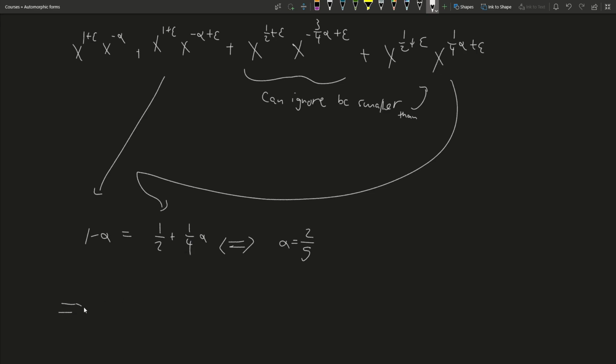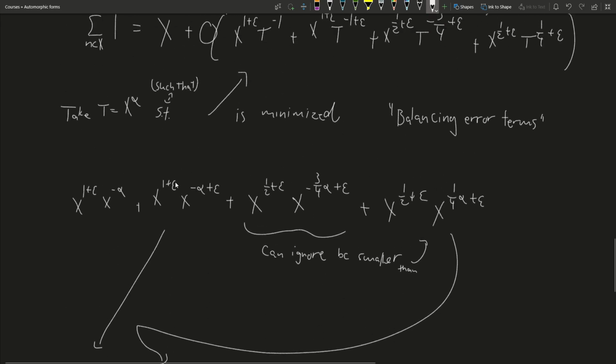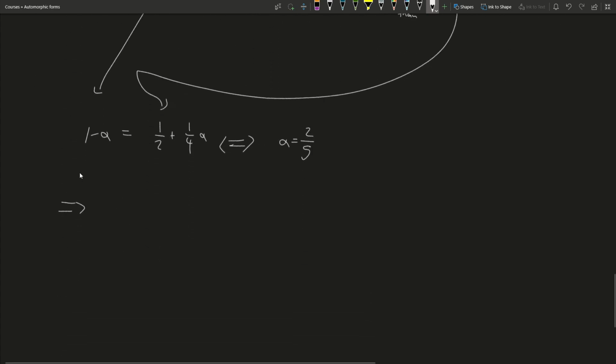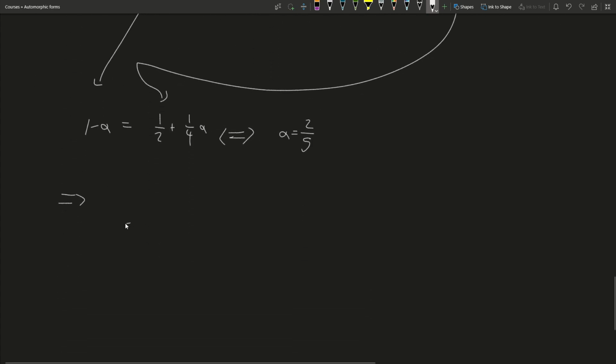So that implies, just remembering where we're coming from, right here, that the sum of integers less than x over integers less than x of 1 is equal to x. That was our main term coming from the residue.